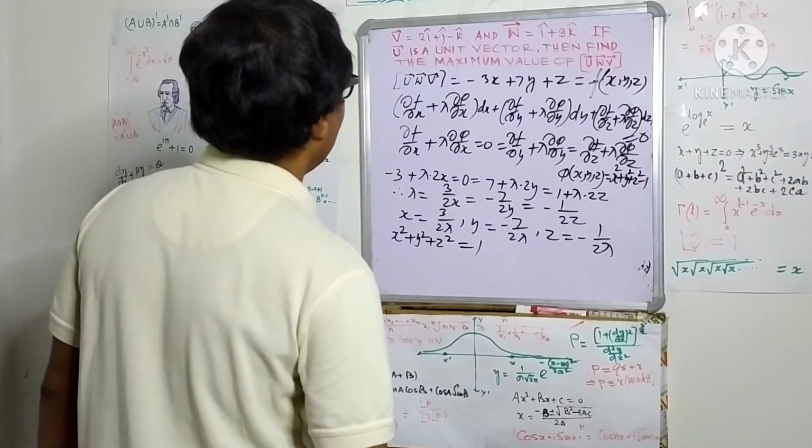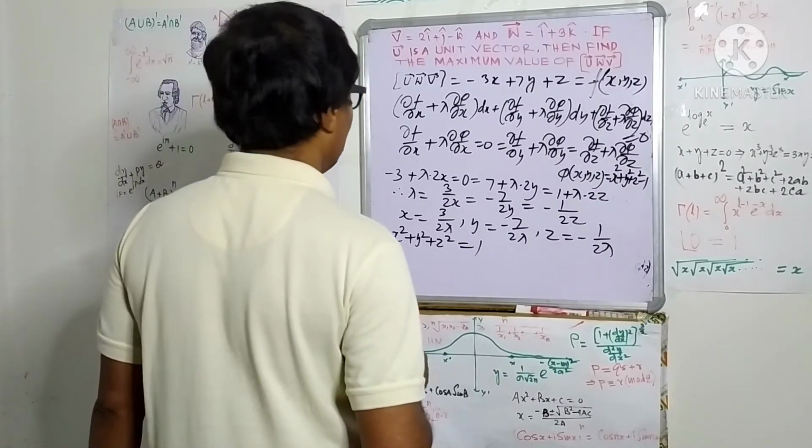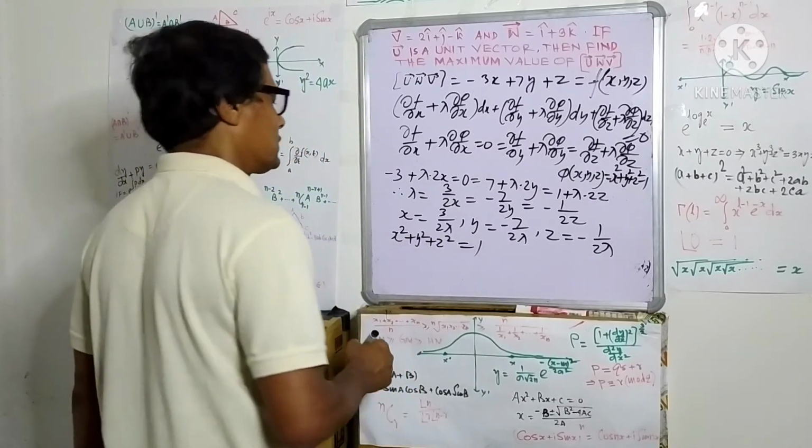The magnitude of the unit vector is 1. So, x² + y² + z² = 1.